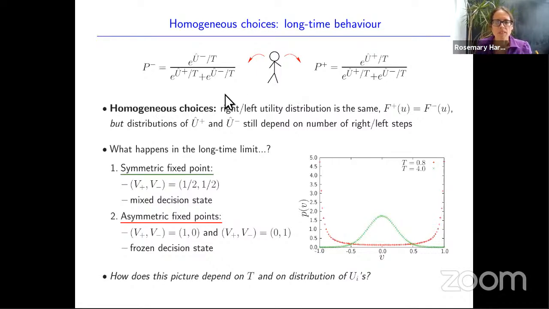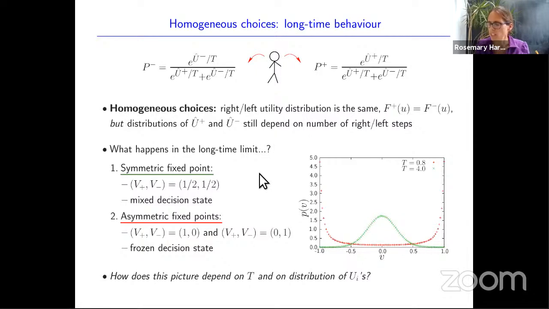So let's see what happens. First of all, let's look at the case where we have two choices with the same utility distributions, homogeneous choices. Notice that that doesn't mean that the distributions of U hat plus and U hat minus are the same at any moment in time, because they will depend on how many steps the agent has made right or left in the past. What happens then in the long time limit?